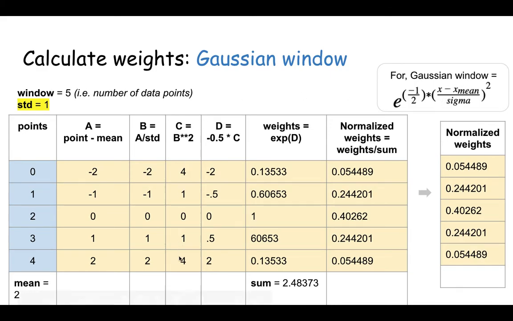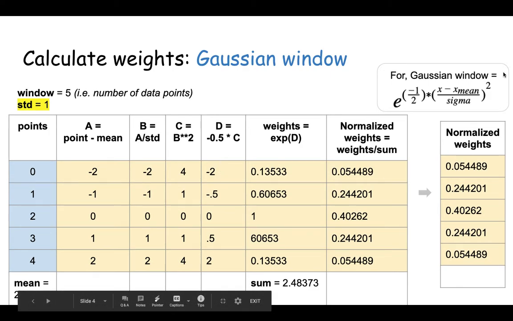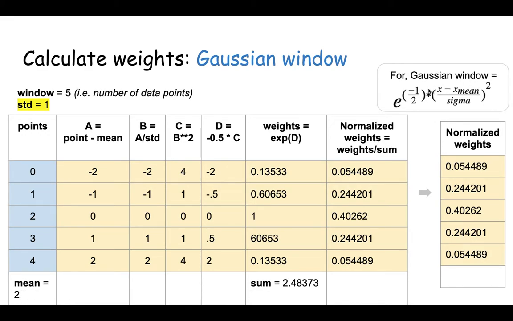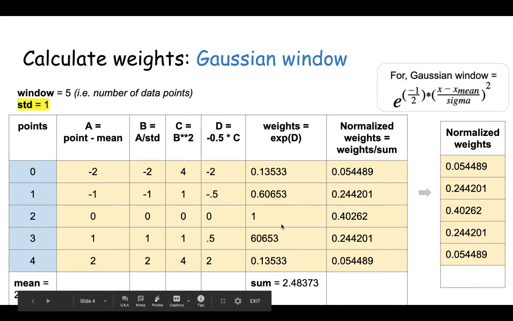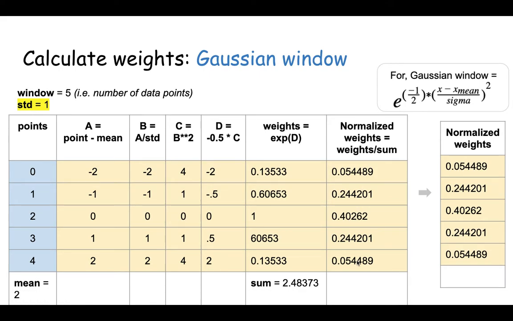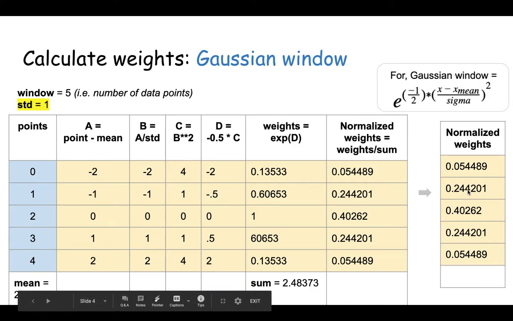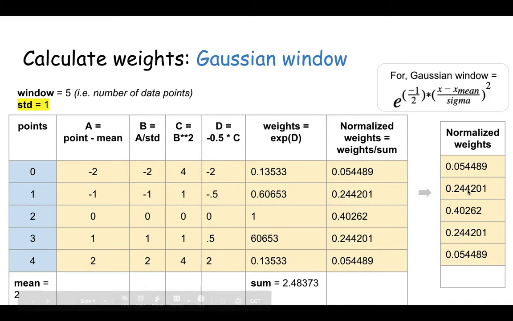Once we do that, it's time to square them, and after squaring we multiply by -1/2, which is the exponent part. Once we have that, we exponentiate it to get these values, and we sum them. If we look at just these values, those are the weights which are not normalized. Once we divide each of these weights by the sum that's here, we get the normalized weights, and these are exactly what we had in the previous slide and also in the previous video. So that's how the normalized weights are calculated.